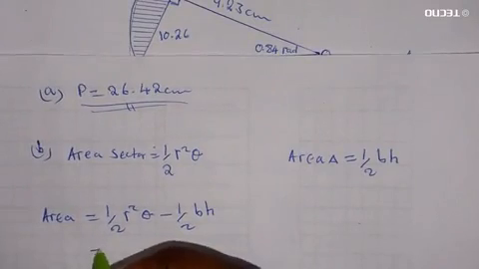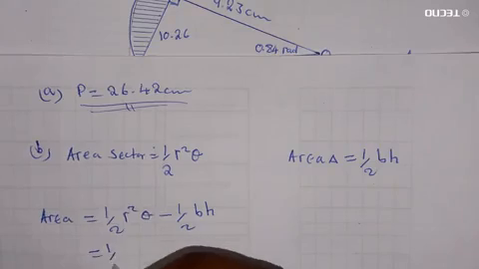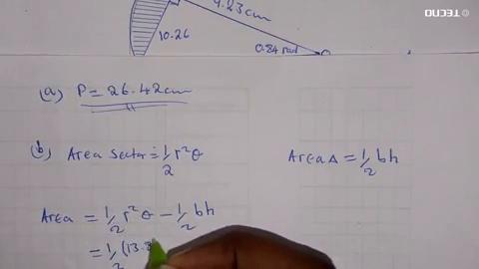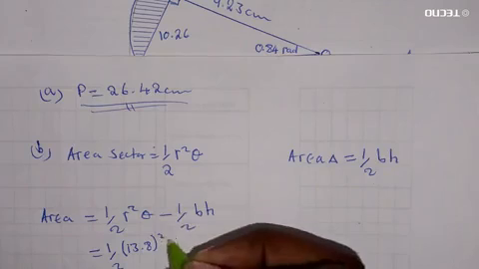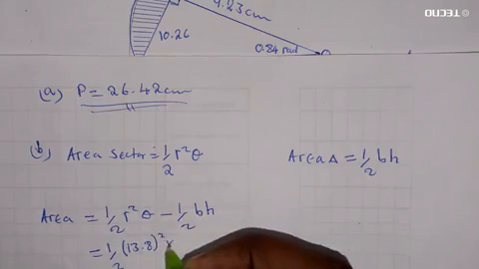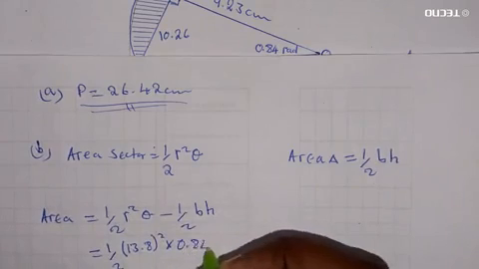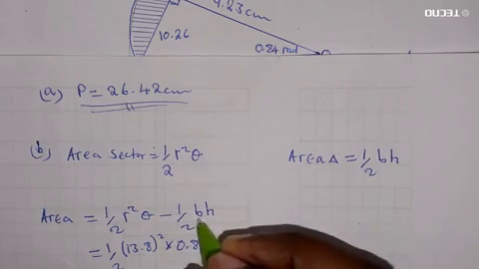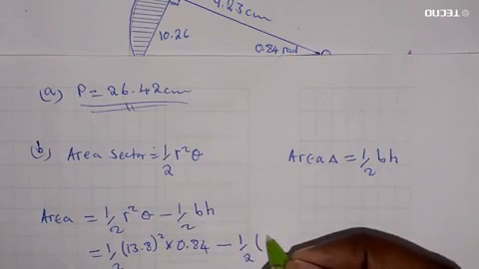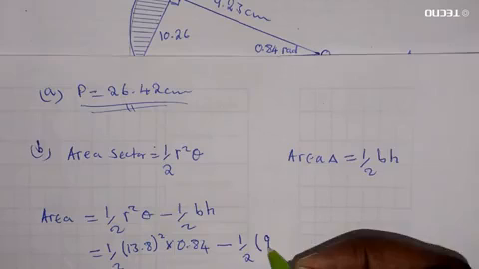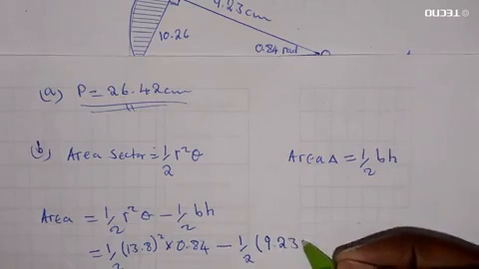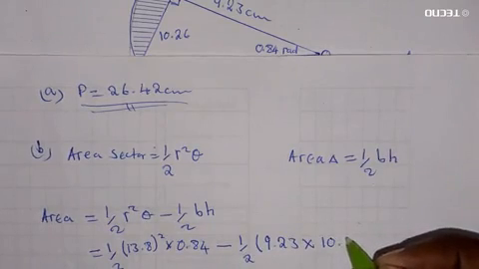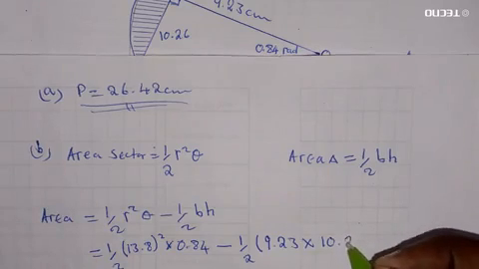Then when you talk of this side, it's going to be 1/2 times 13.8 squared times theta, which is 0.84, then minus 1/2 b, which is the base, 9.23, times 10.26.